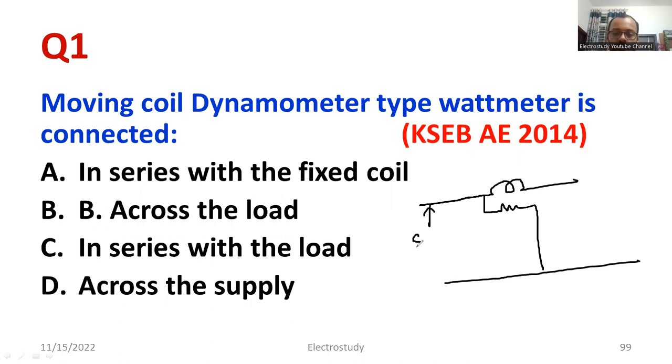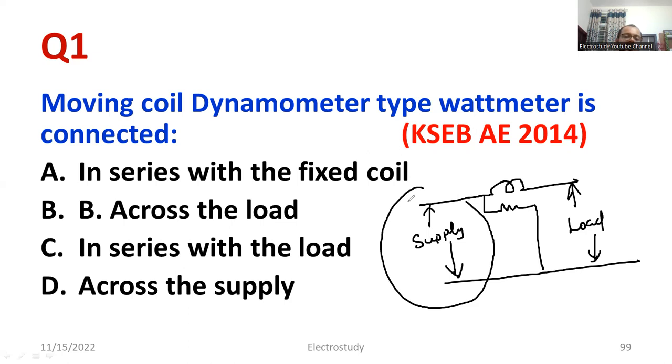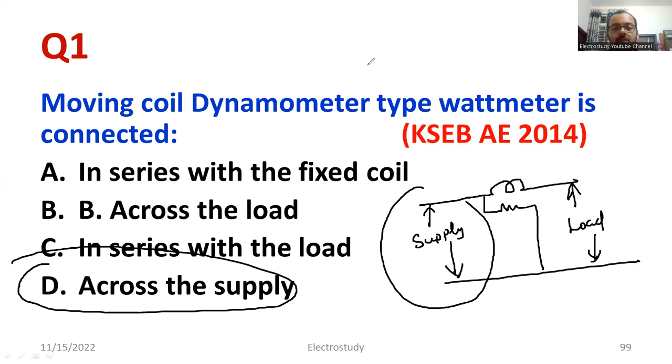We have the supply, and this will be the load, right? So for the moving coil type dynamometer wattmeter, the right answer is that it will be across the supply only. So I prefer to choose the last option, that is across the supply. So go for option D. Okay.